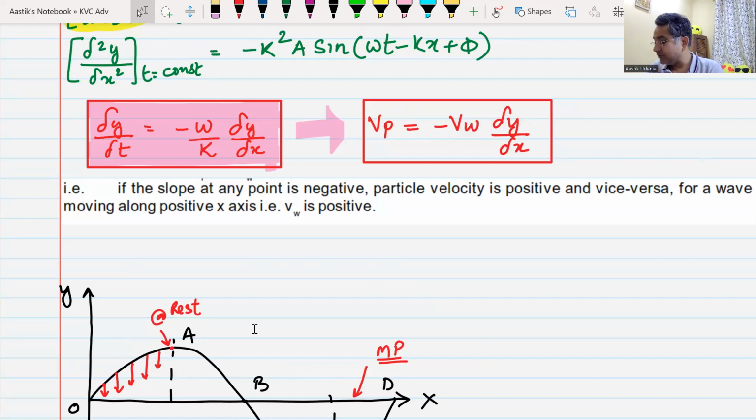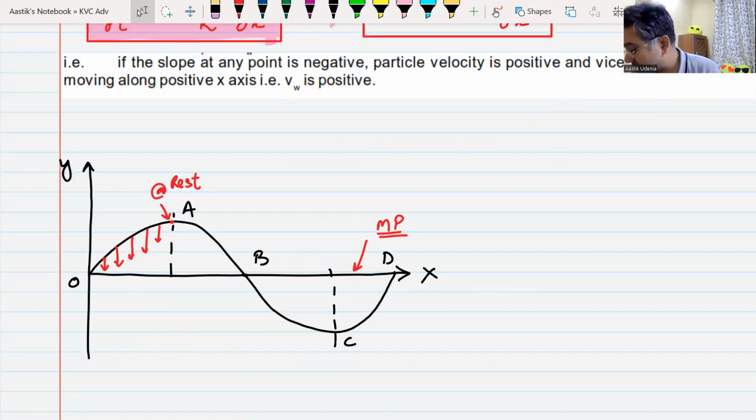And we were trying to see with the help of a diagram, this diagram in particular, how you will find out in the wave which direction the particles are moving. So we'll begin our discussion with the same thing.